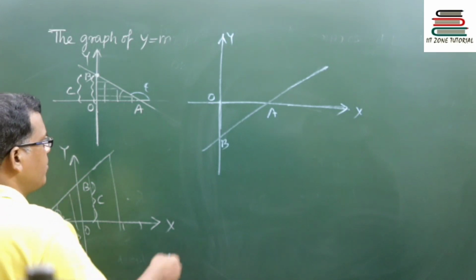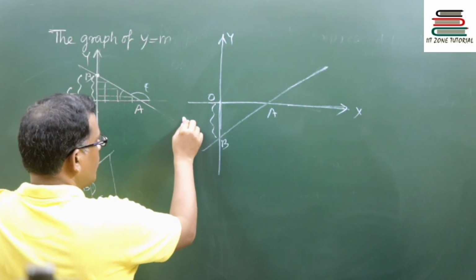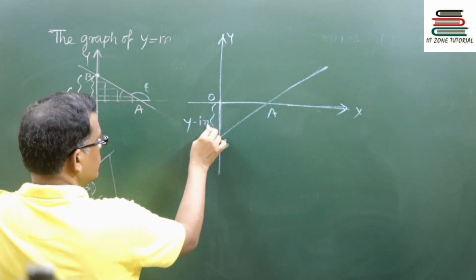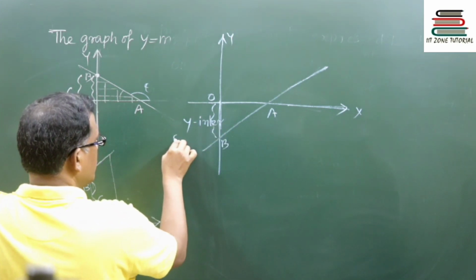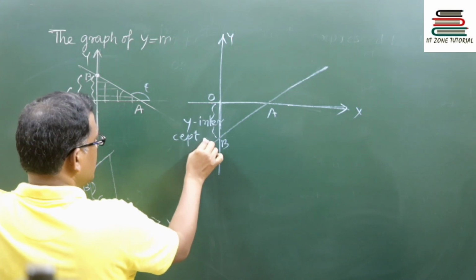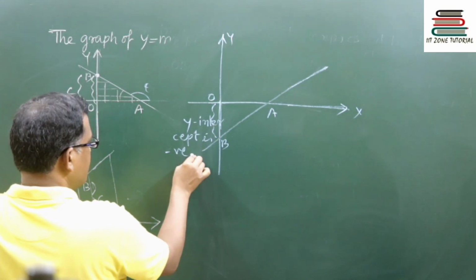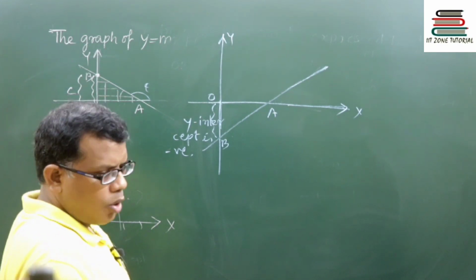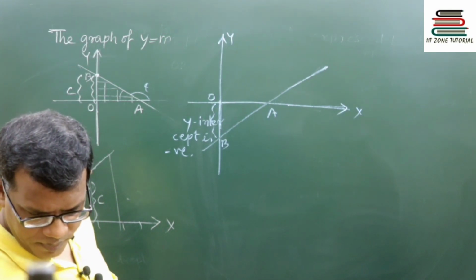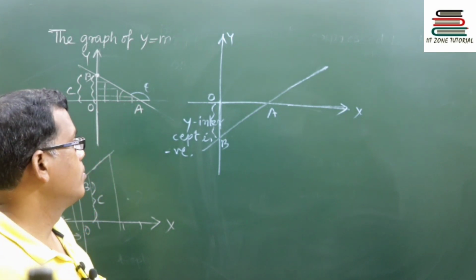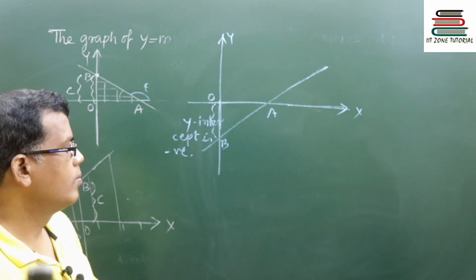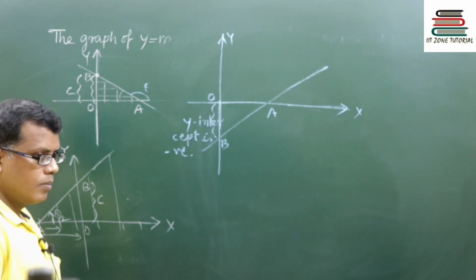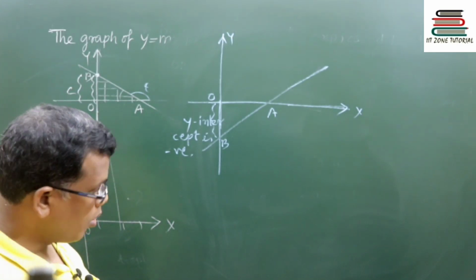This time is the y-intercept positive or negative? Negative. Yes, this time the y-intercept is negative. And is the slope positive or negative? No, the slope is not negative, the slope is positive.